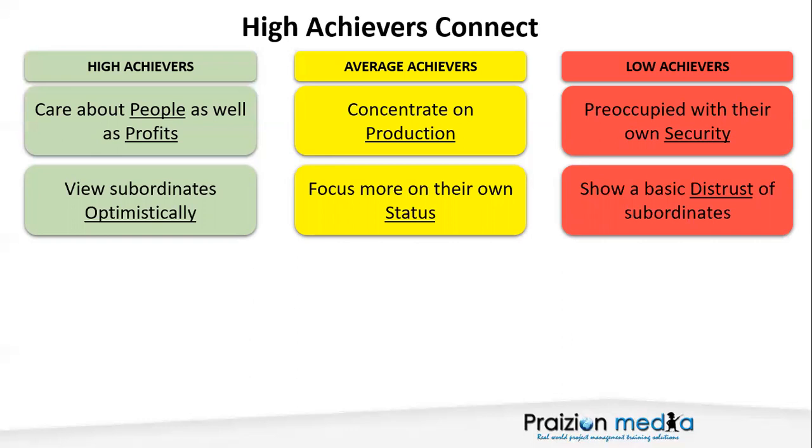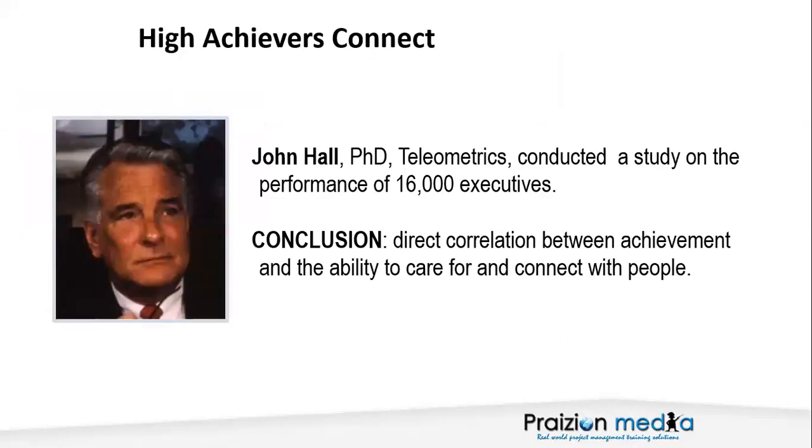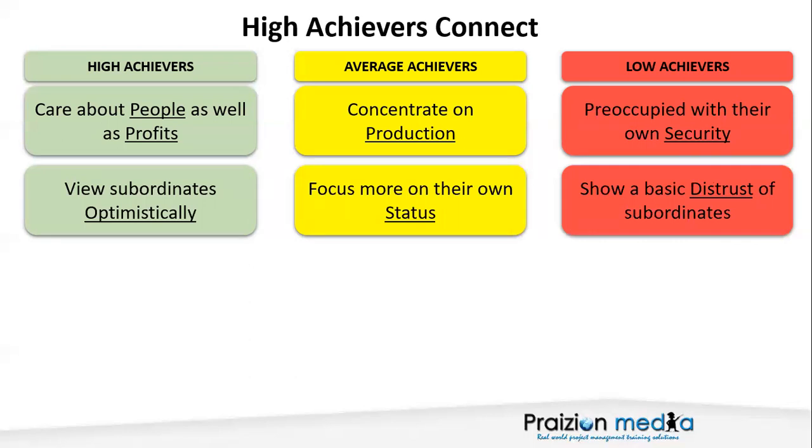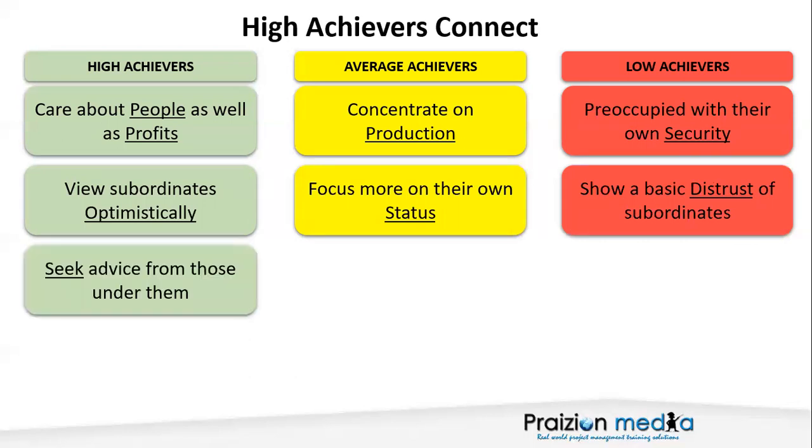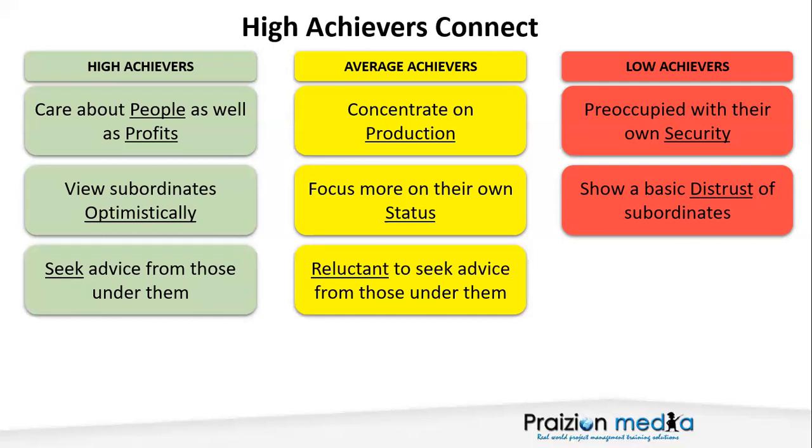Now, you may ask, where's all this information coming from? Well, John Hall, PhD of telemetrics, conducted a study of the performance of 16,000 executives, and he found there was a direct correlation between achievement and the ability to care for and connect with people. And these are some of his findings. He also found that high achievers seek advice from those under them.